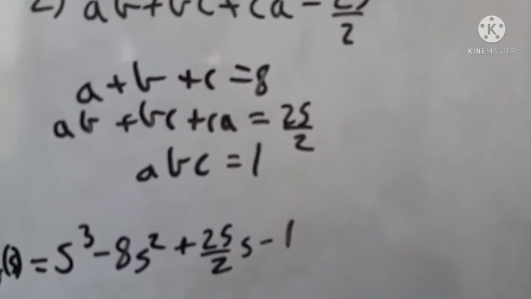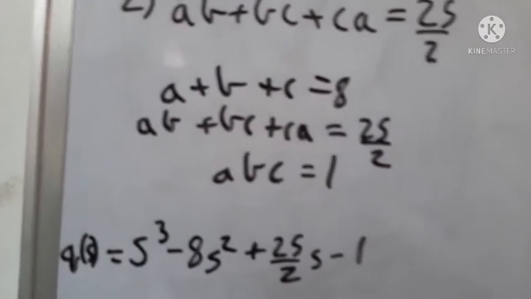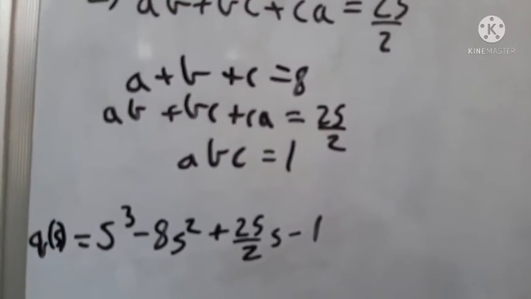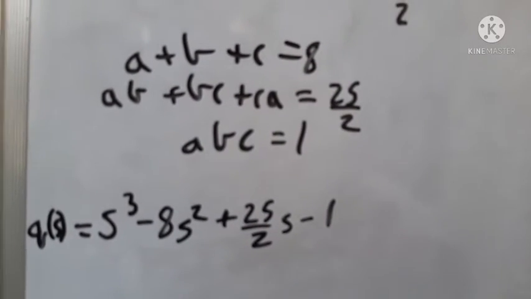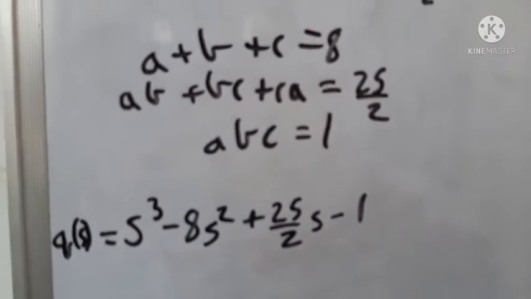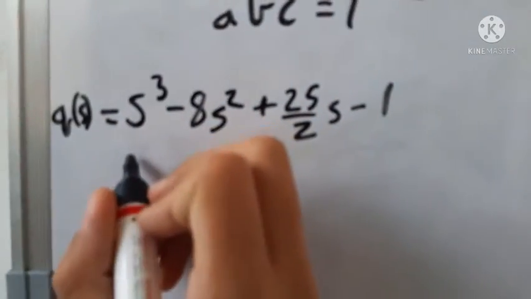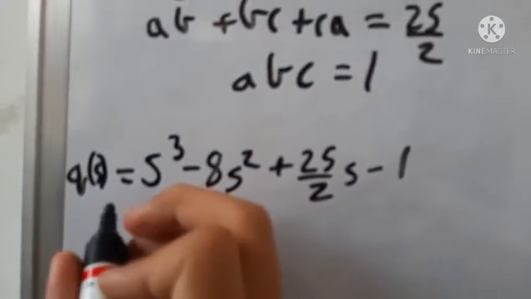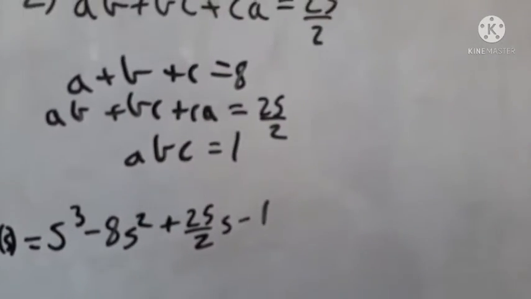Okay, let's factorize this. Is there anything already visible? For cubics, we have s cubed and minus 1. The factors of minus 1 don't make sense.